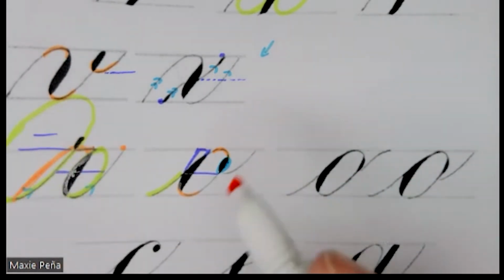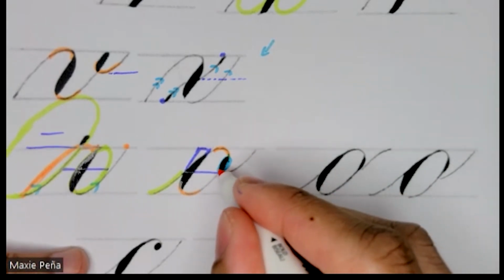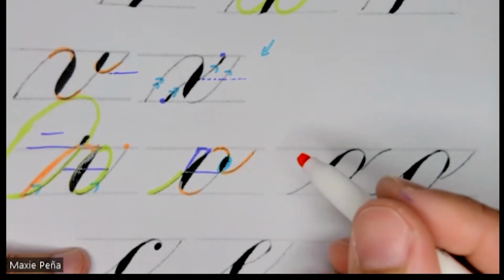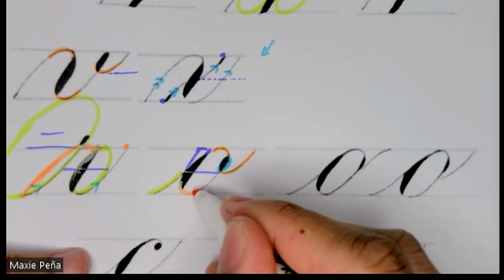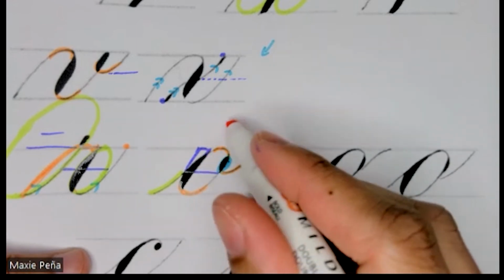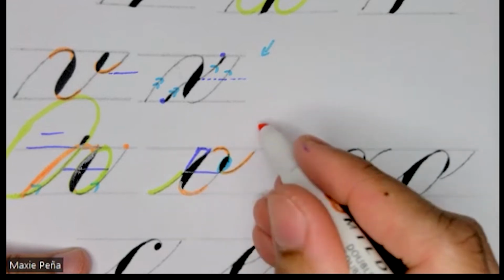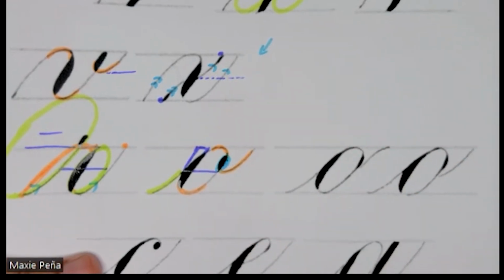And when you exit here, look at how curved you made it here, and imagine even just fitting an oval at the top.